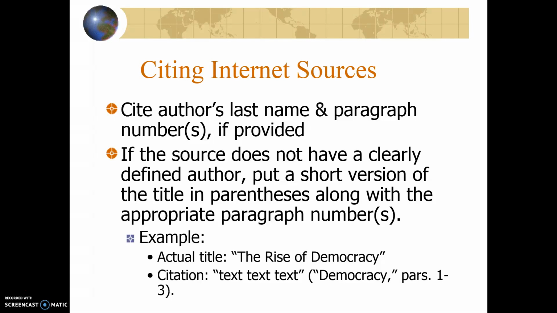Also, if the paragraph numbers are not provided, you put just the author's last name in the in-text citation. That's the preferred way to go about it. You only need to cite the paragraph numbers if they're numbered for you by the author of that source.